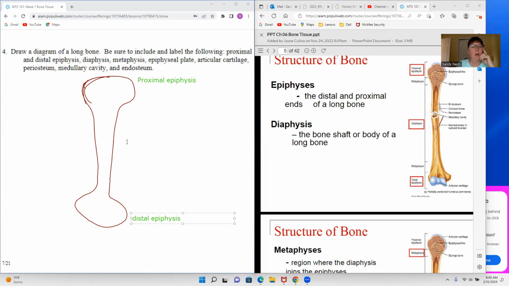And this long hollow place is called the diaphysis, which is the shaft of the bone. Now, this neck part, where we go from the diaphysis out to the epiphysis, that's called the metaphysis. Metaphysis.